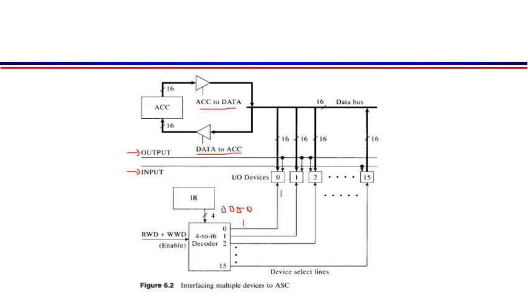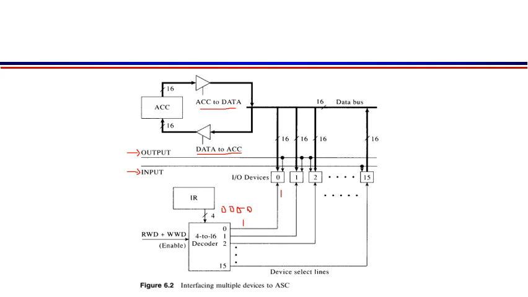So if the device is selected by the decoder, then there will be the input or output selection of that device. If the input line is given 1, it means that device 0 will be used as input, and if a 1 is given from the output line, then it means that device 0 will be used as output.